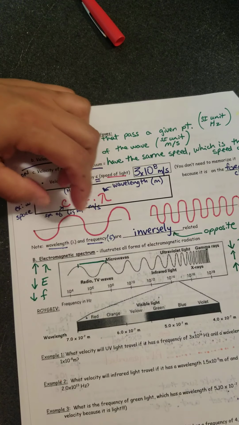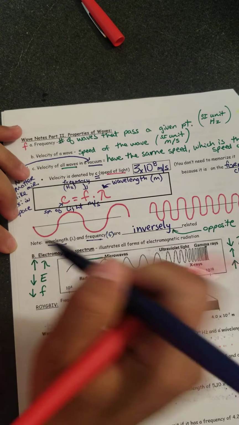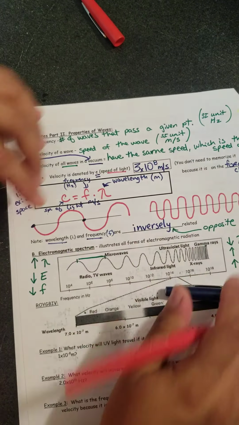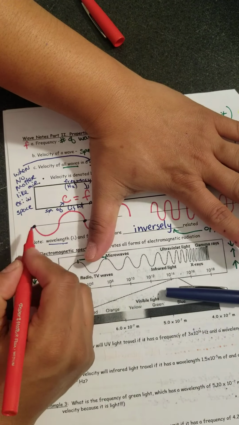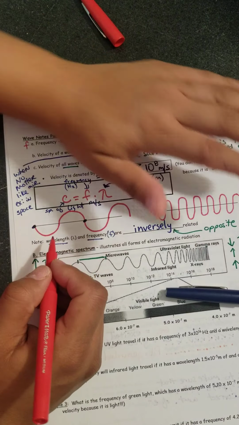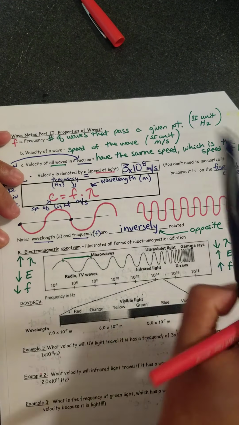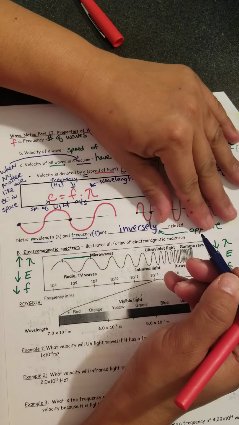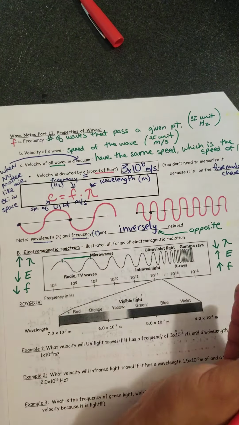See how far apart this is? So from here to here is considered to be one wave. Down, up, one wave. Let's look at this one. This one goes up, down. That's one wave. See how it's smushed in more?